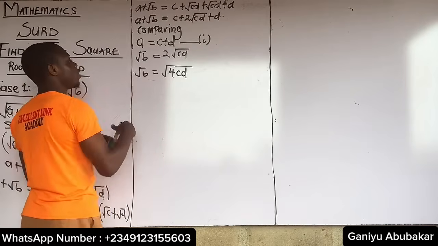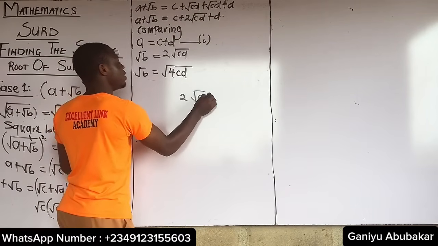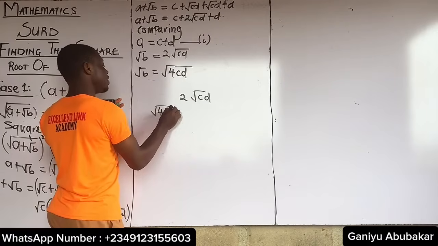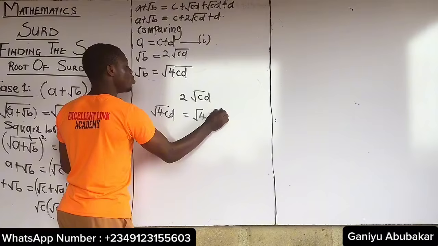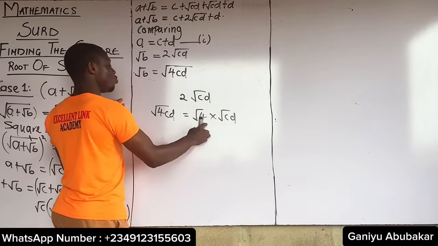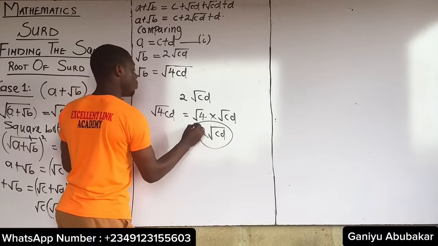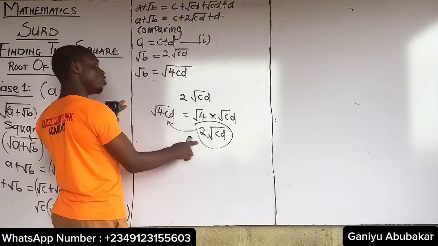Let me explain: if I have 2 root CD, it can be expressed as root 4 times root CD. Root 4 is 2, then root CD. That's the concept. Observe the relationship.